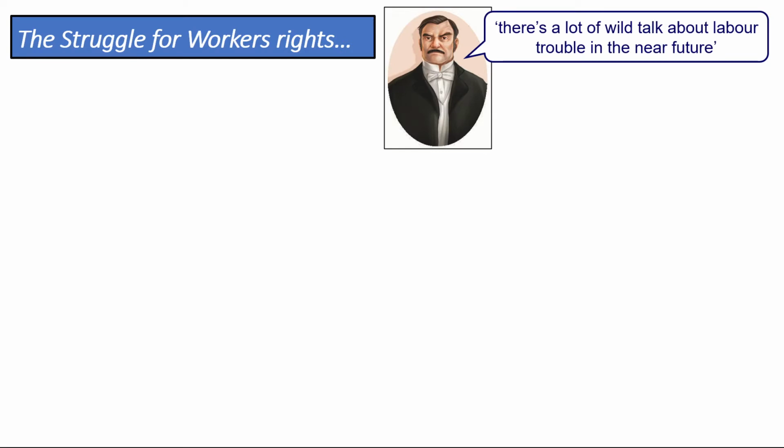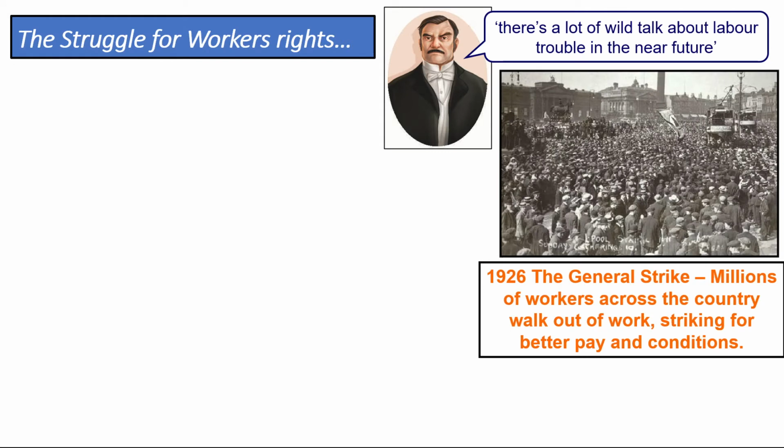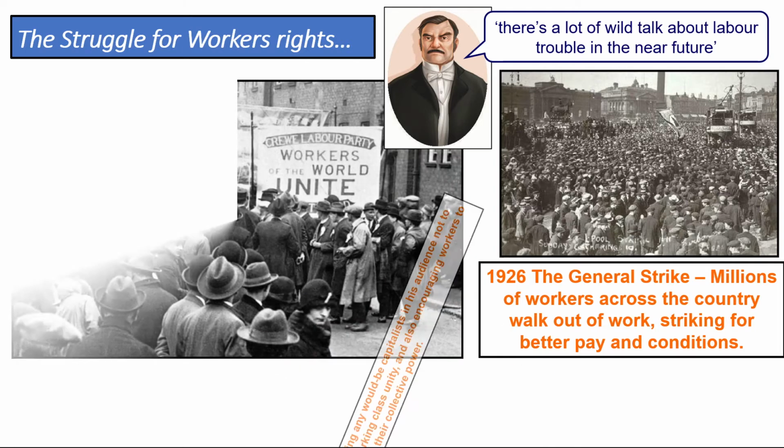So the tone is very much set by Daddy, Mr. Birling, talking about how there's a lot of wild talk about labour trouble in the near future, and he says the working classes, people say they're going to be a problem, etc. And while she doesn't have much interaction with them and their needs, when she does, she can get a member of the working class sacked very easily, and Eva Smith has no right to appeal, no benefits in this sense, no rights to work and to get sick pay, holiday pay, health and safety in the workplace, or any of these securities that have been won over the decades.